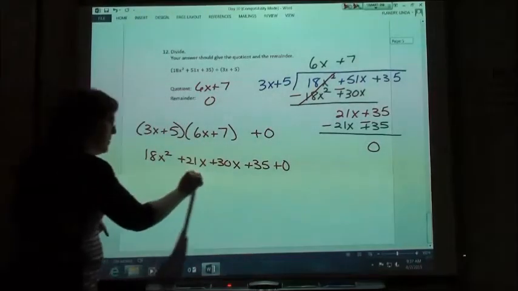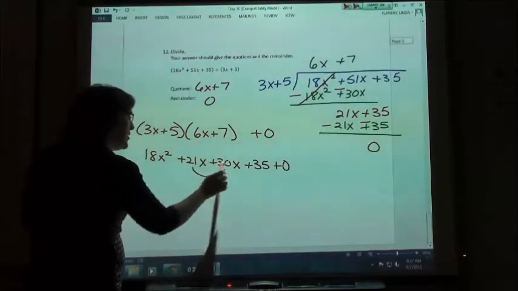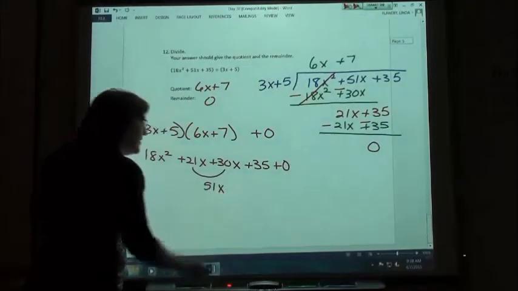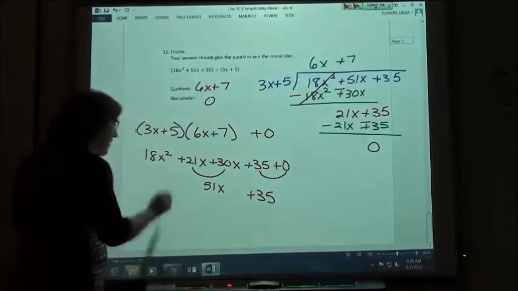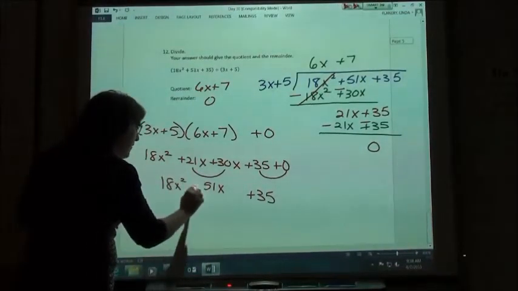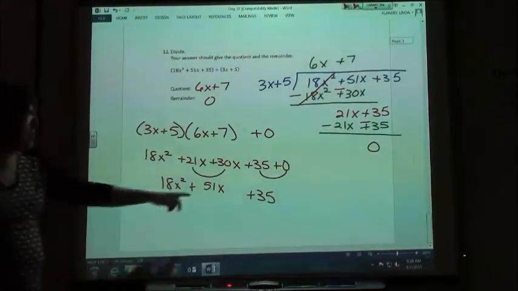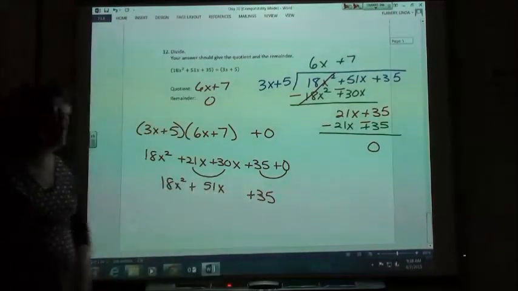So combining my middle terms, 21 plus 30 is 51x. And my numbers, 35 plus 0 is 35. So sure enough, I got 18x squared plus 51x plus 35 when I checked it out.